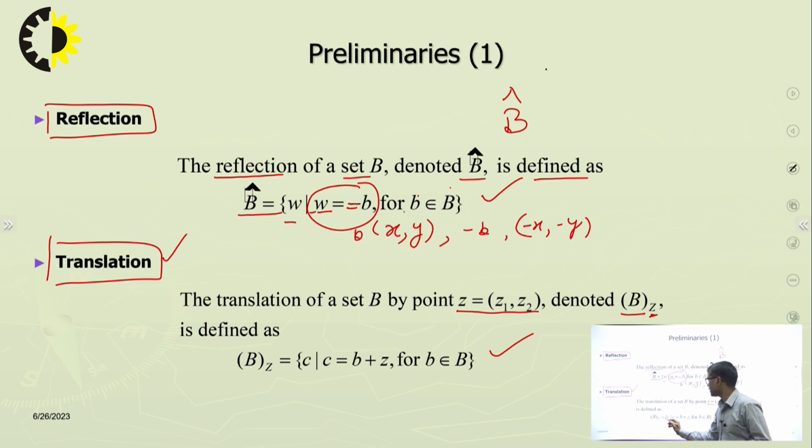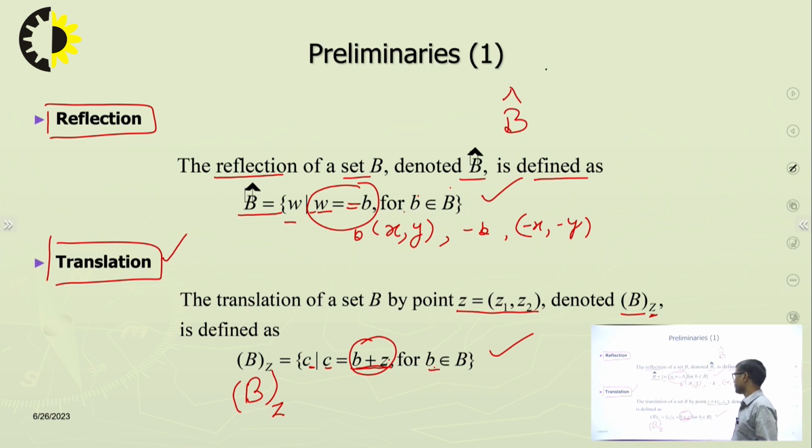What does it mean? It is represented by B with bracket and subscript small z. It says that it is all the points c such that c is now displaced by the coordinate z. So, it is now b plus z for all the pixels in the capital B set.